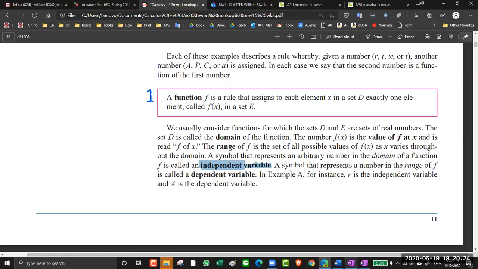So normally we write something like this: y equals f of x, and x is the independent variable, and the dependent variable is y. Any questions about that?